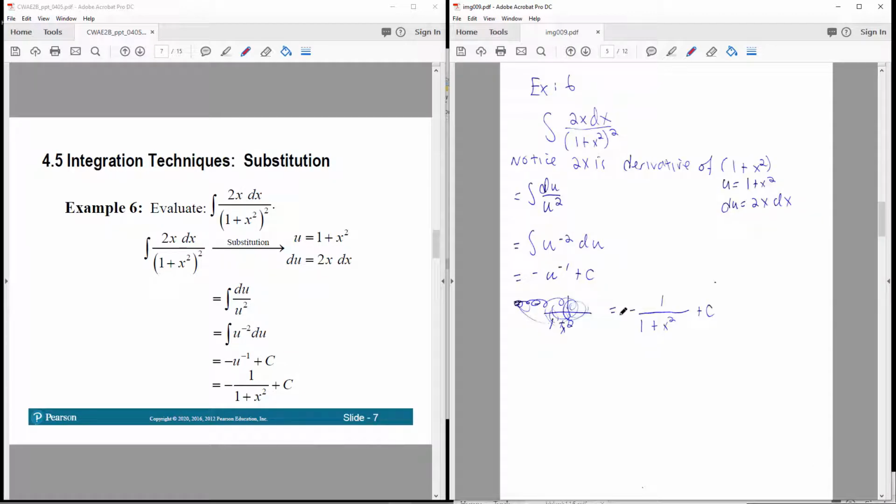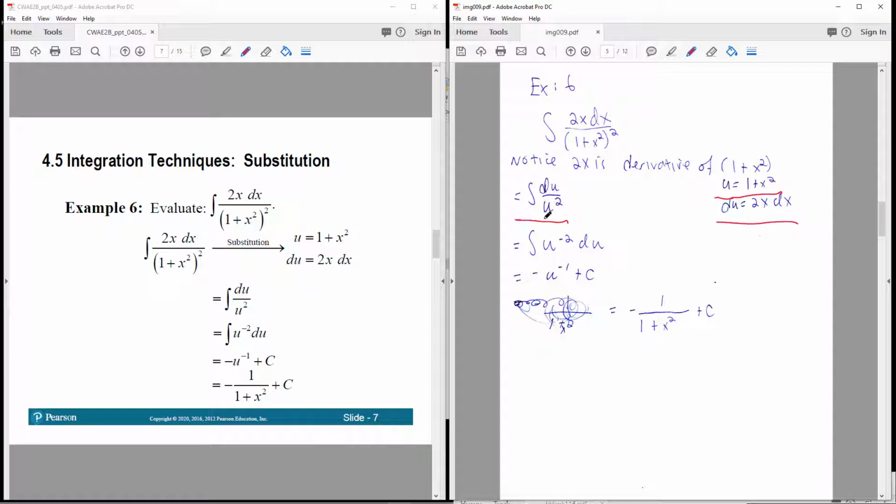Here's another one. Notice that 2x is the derivative of 1 plus x squared. So that tells us what our u is and our du. So in this case here it's different. I have 1 over u squared du.